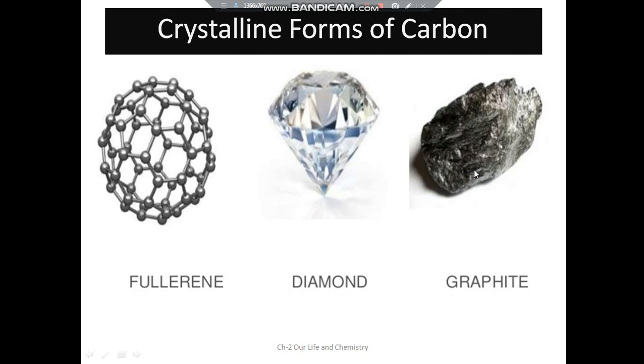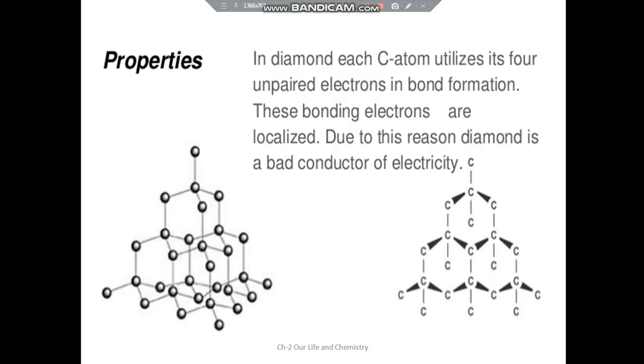But later, when more research was carried out, we got to know a new form called fullerenes, Buckminster fullerenes, or buckyballs in common. That is a relatively newer crystalline form of carbon. First we are going to deal with diamond, which is one crystalline allotropic form.